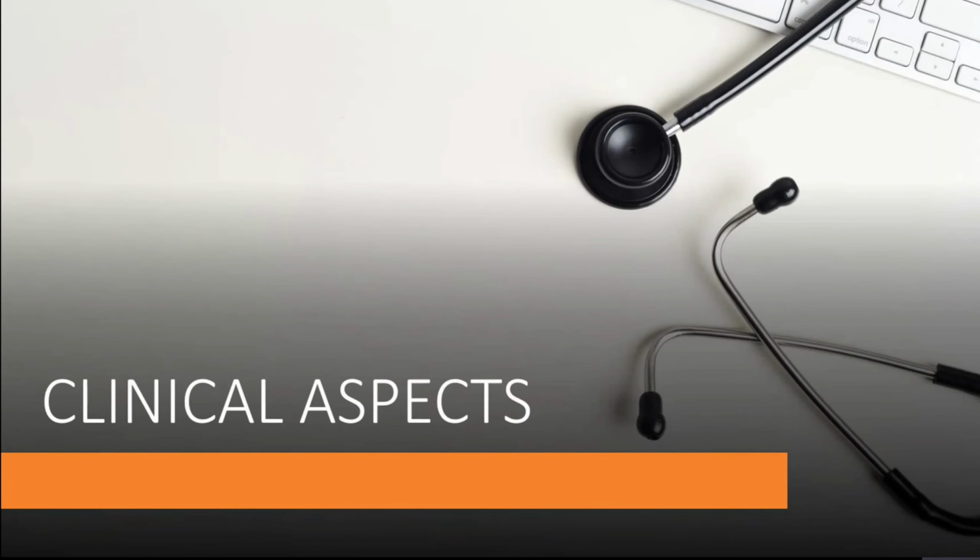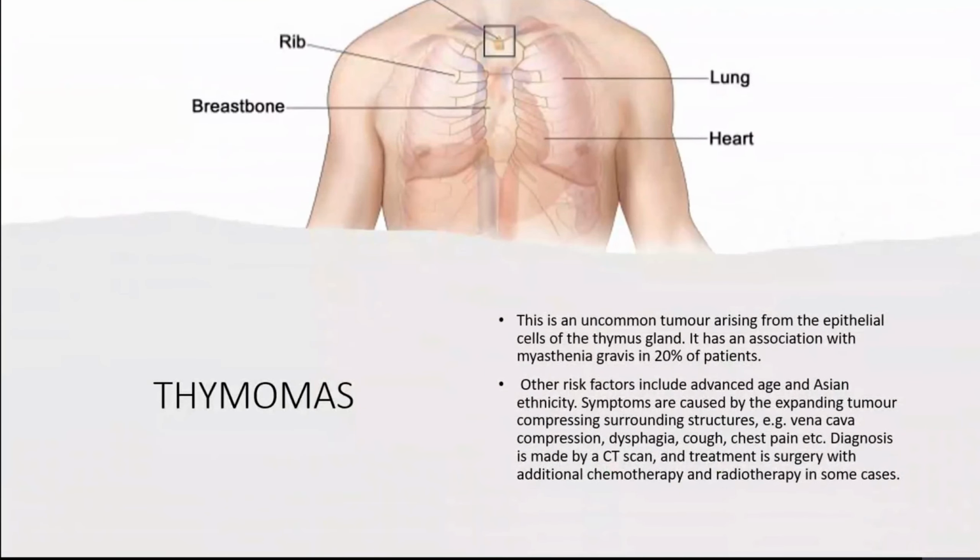So let's talk about some of the clinical diseases which are related to the thymus gland. The first pathology is thymomas. This is an uncommon tumor arising from the epithelial cells of the thymus gland. It has an association with myasthenia gravis in about 20% of the patients, we can say. Other risk factors include advanced age and Asian ethnicity.